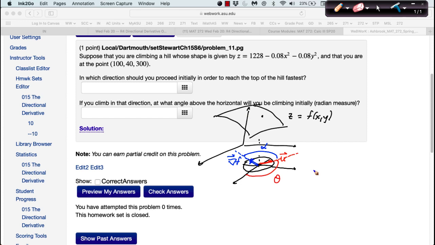The direction of the gradient. And so how do we choose u to go in the direction of max rate of change? We point it in the direction of the gradient. That makes alpha equal to 0, right? When alpha is 0, that means we're choosing u to be in the direction of the gradient, and we're choosing to go in the direction of maximum rate of change.